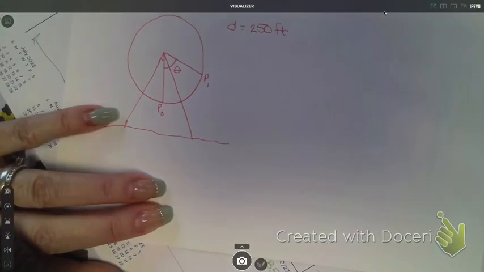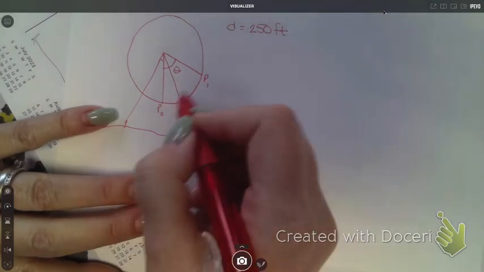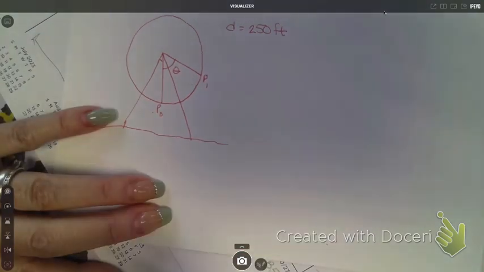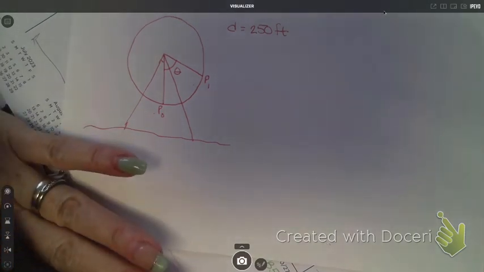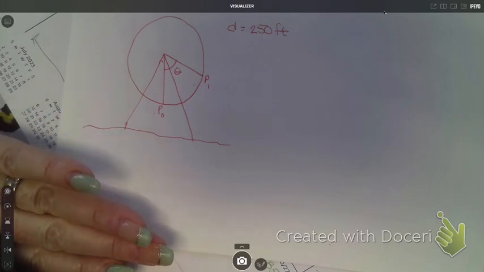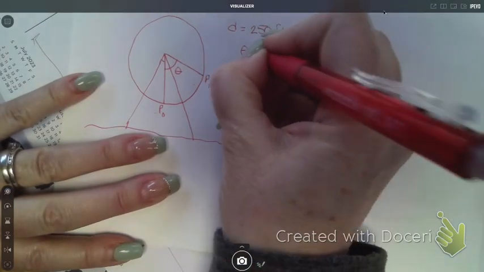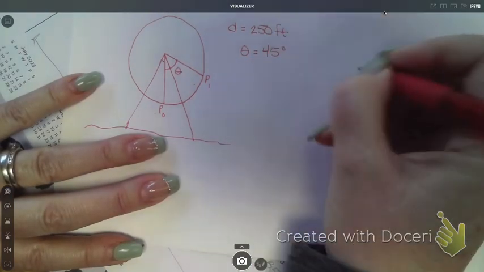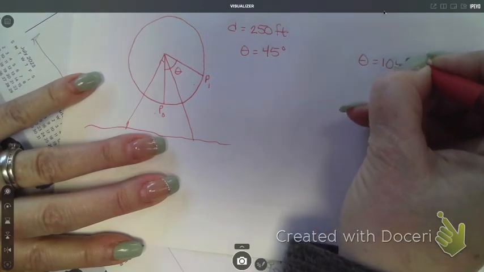And theta is the central angle formed by the rider who travels from P0 to P1, or P1 to P2, or P6 to P8, or whatever. Doesn't matter. Find the distance traveled by the rider if theta equals 45 degrees and theta equals 105 degrees.